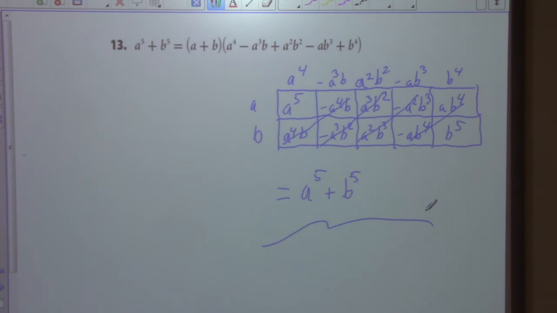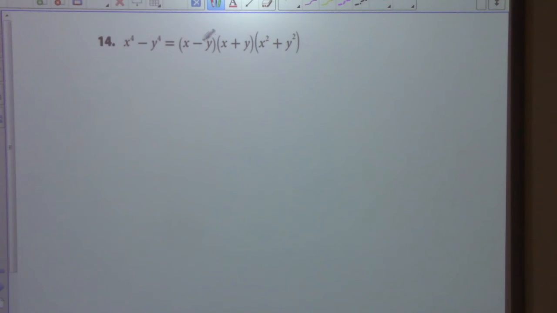All right, number 14. I'll tell you a strategy for number 14 that worked. What you can do is multiply, say, these together first, and then you find a product based on this.